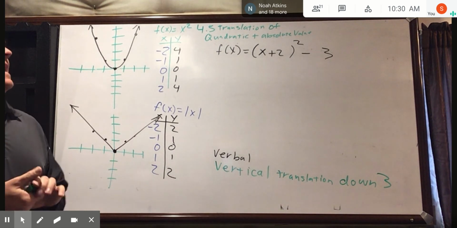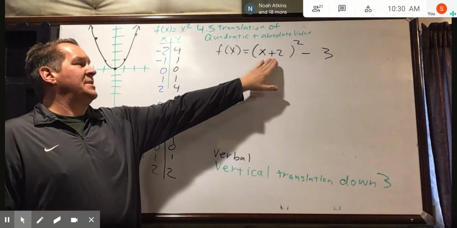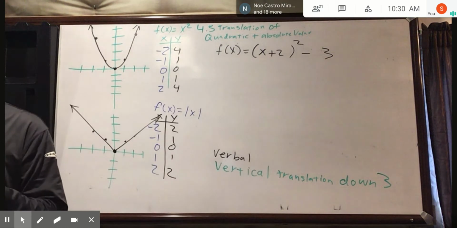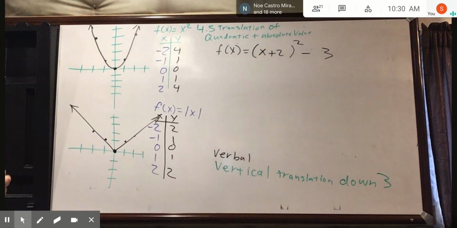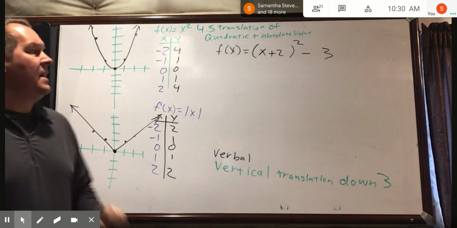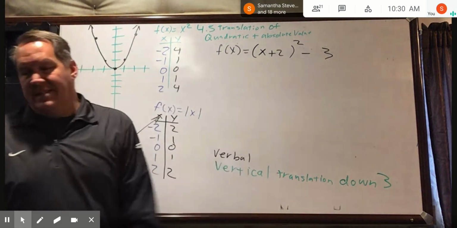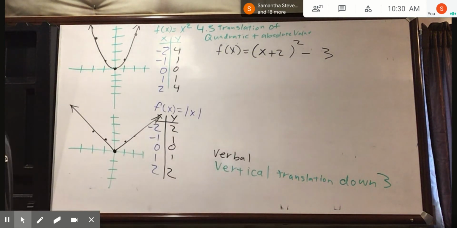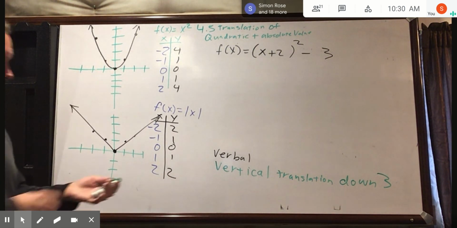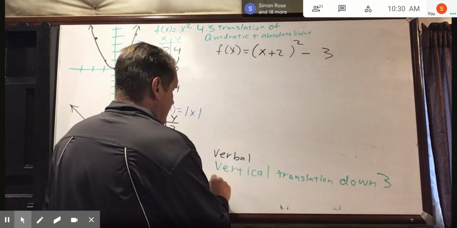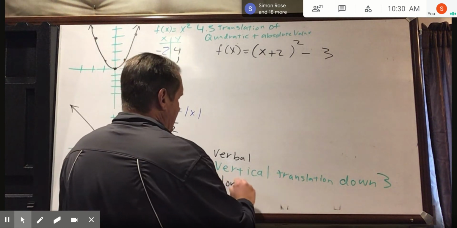Now, this part on the inside, this is the one that's tricky. I've told you, you have to do this one by the opposite of what you expect. What did we say the ones on the inside are going to do? They're going to move it left or right or up or down? Left or right. So I'm going to use the word horizontal. You must include all of these words.